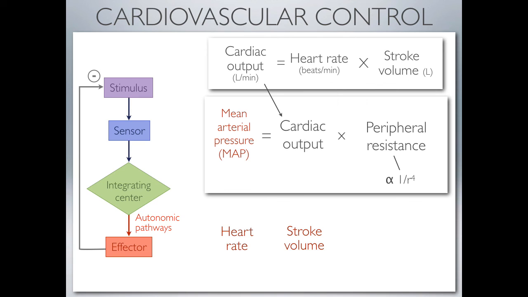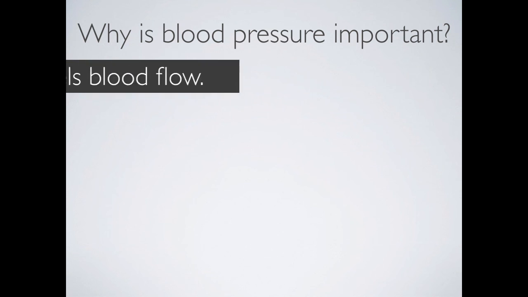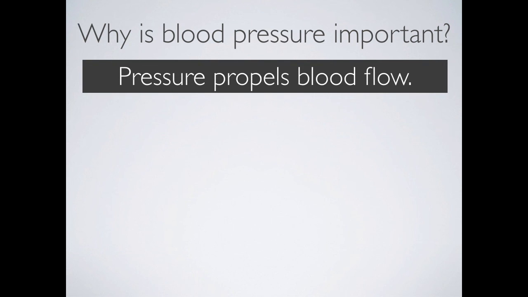All right, so both cardiac output, both the factors that we just considered, stroke volume and heart rate, but also the peripheral resistance, all of those have big effects on blood pressure. So why is blood pressure so important? Well, of course, it propels blood flow, as we just mentioned.